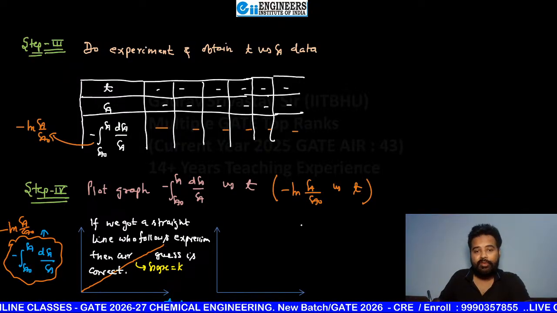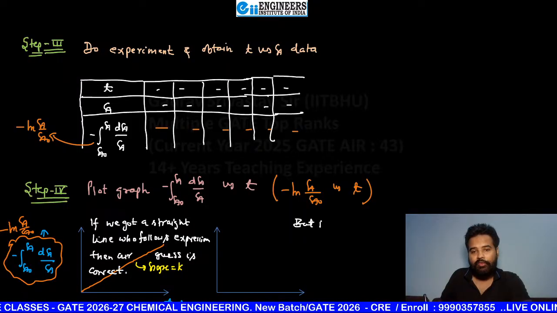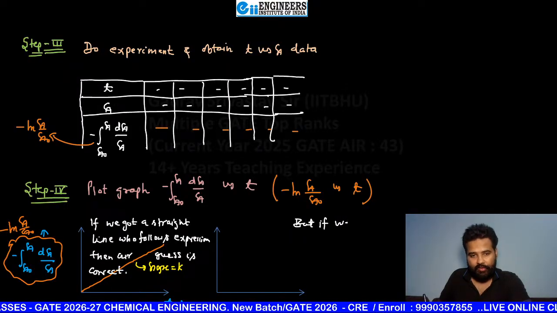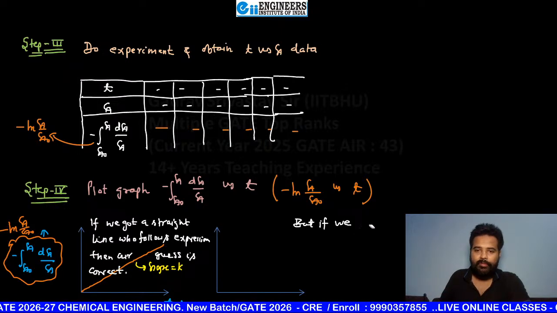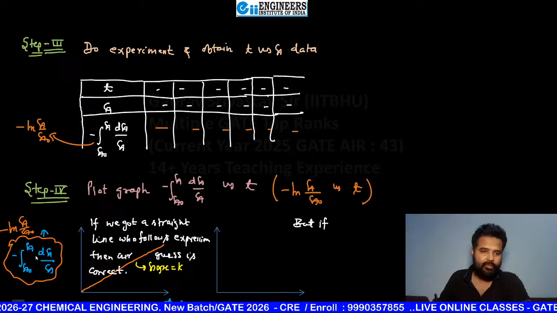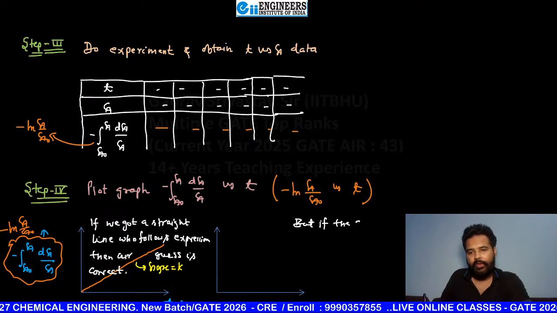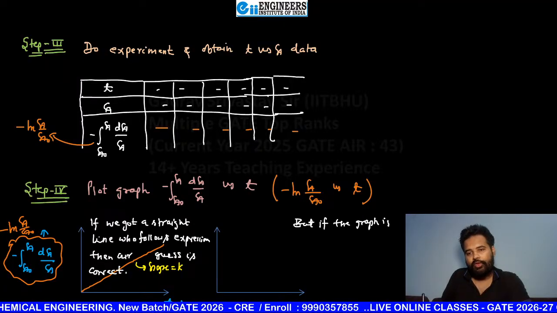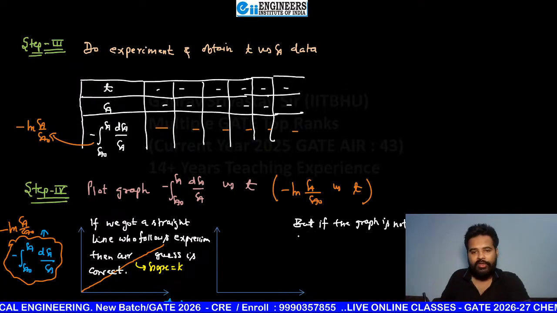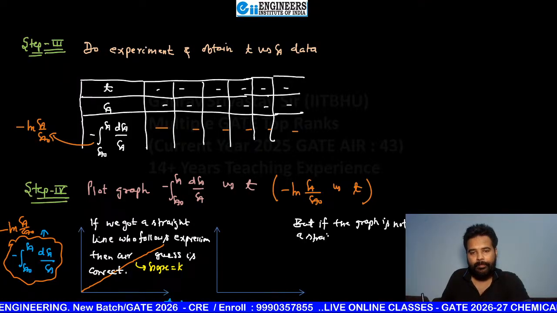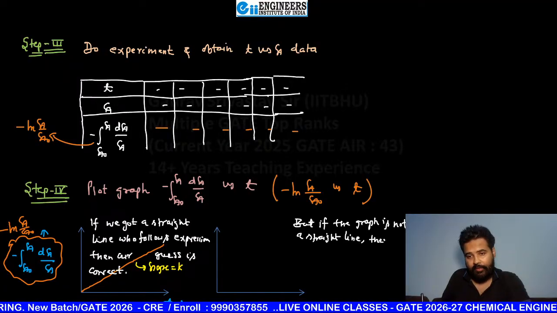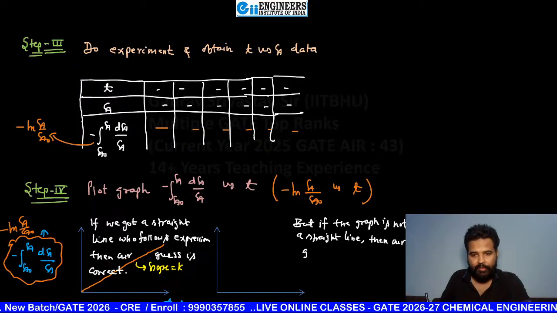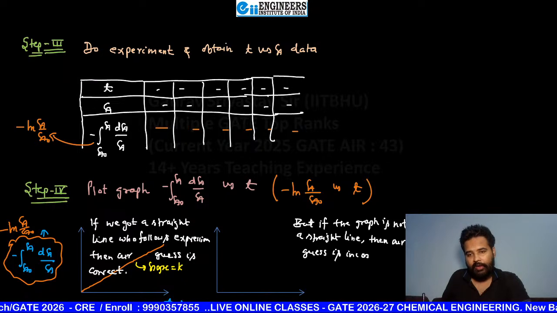But if the graph is not a straight line, then our guess is incorrect.